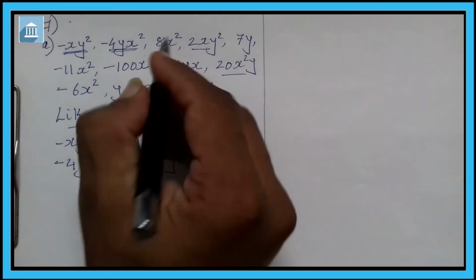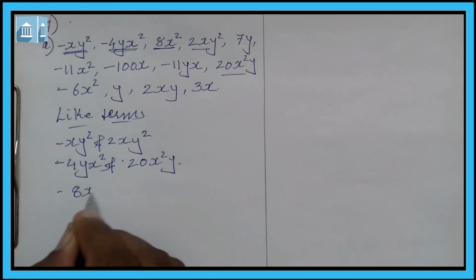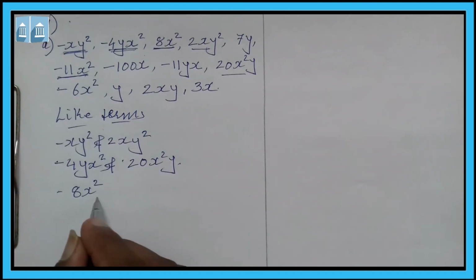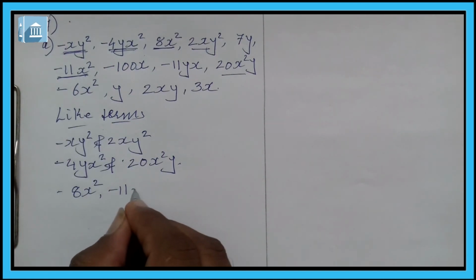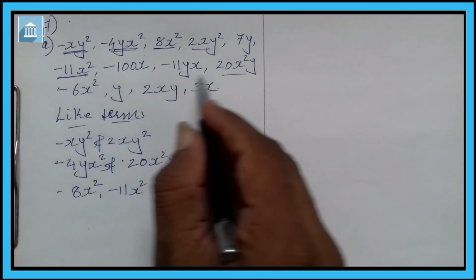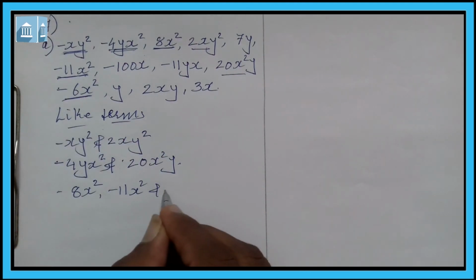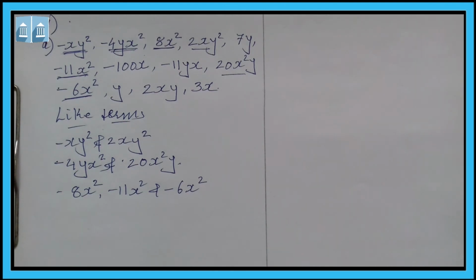Then we will see 8x square. 8x square, minus 11x square and minus 6x square. So these are again three terms.